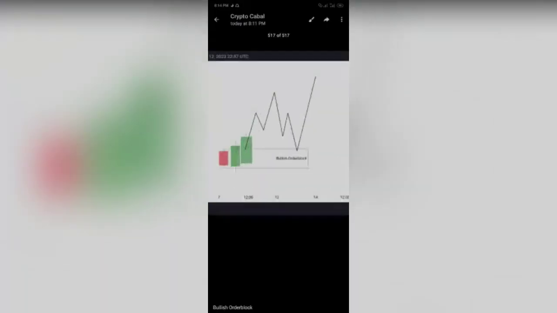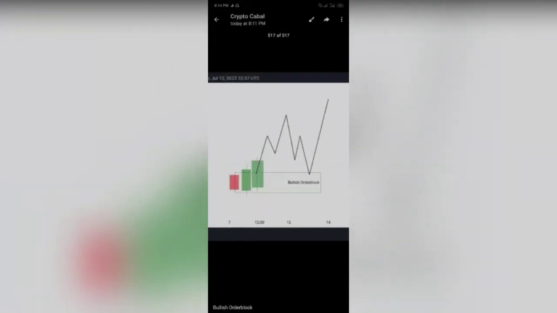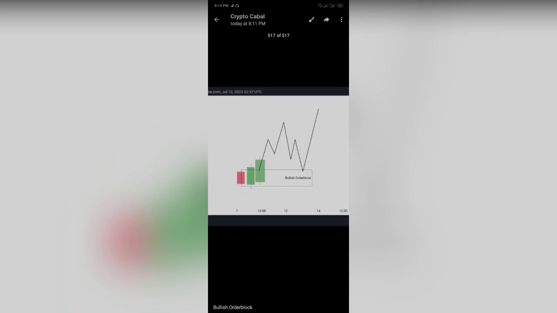Now take a look at this picture here. You can see that this particular green candle is actually engulfing the red candle. Now in a scenario whereby price is not engulfing these red candles, can we still call it an order block or a bullish order block? Yes, we can.